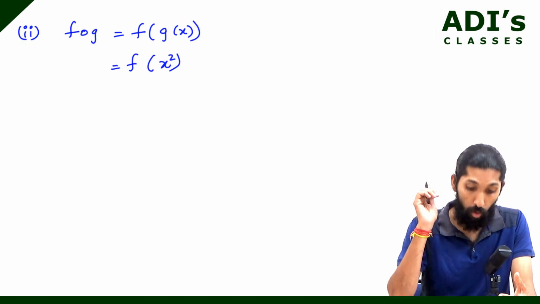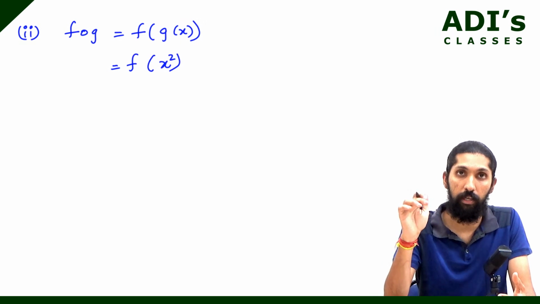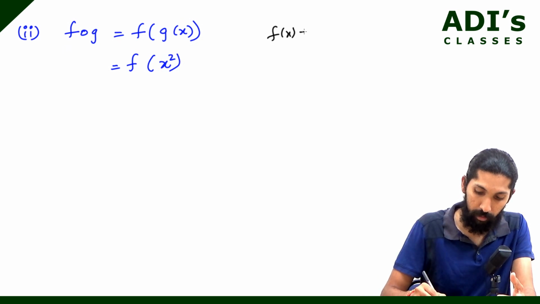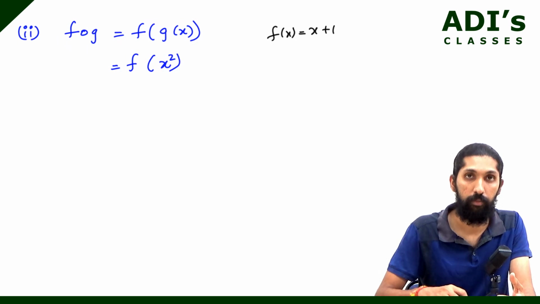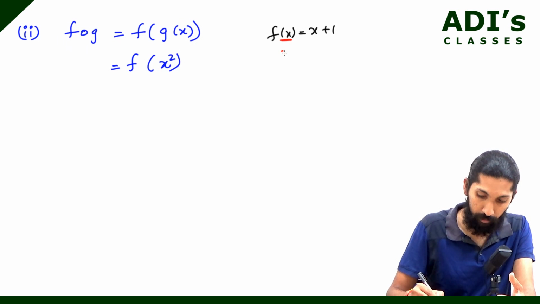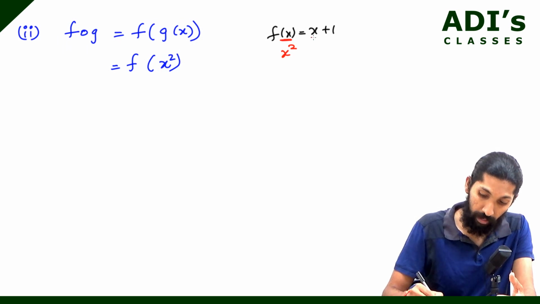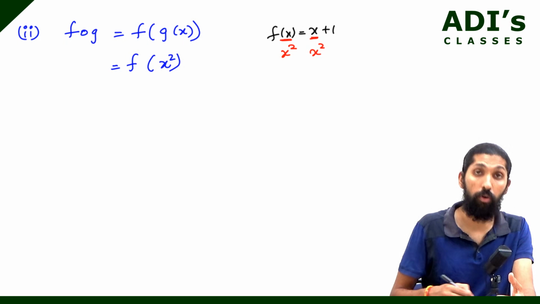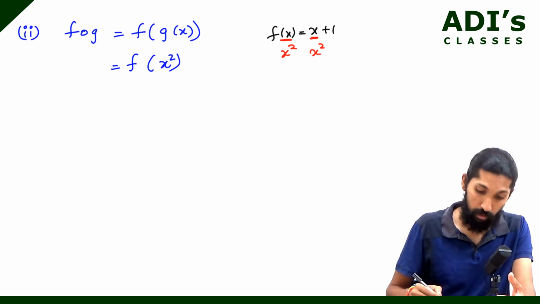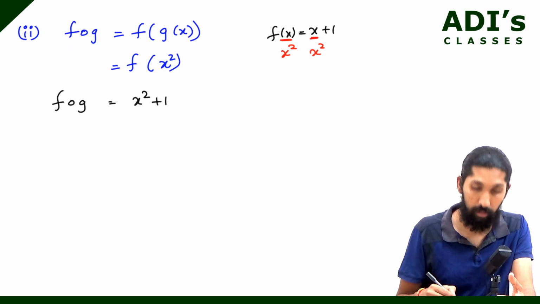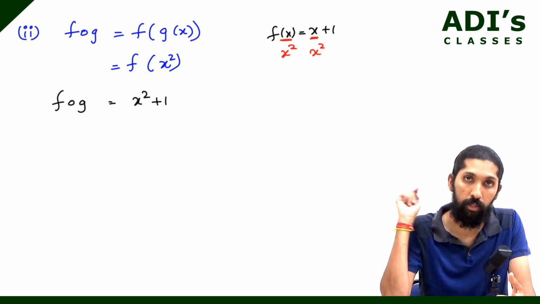Now, f of x is nothing but x plus 1, isn't it? In place of x, we have x square, so you write x square there. So f of x square is going to give us x square plus 1. So FOG is going to give us x square plus 1.